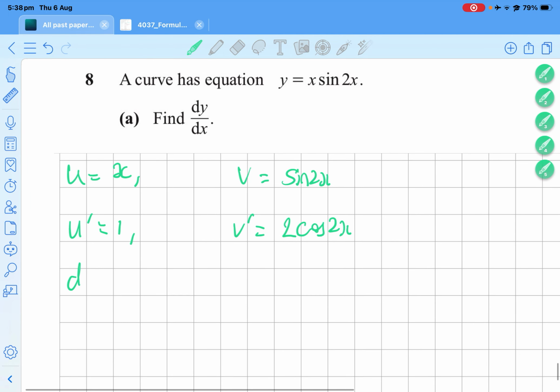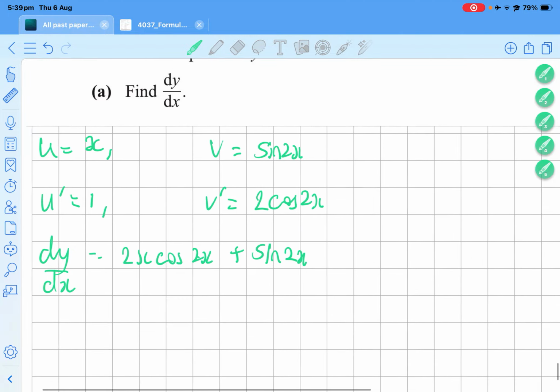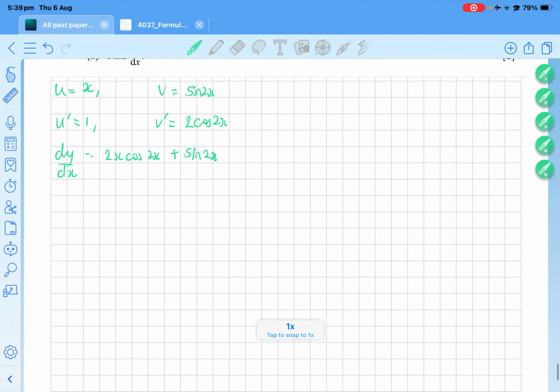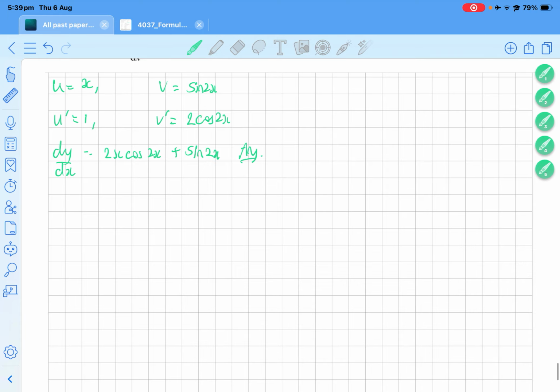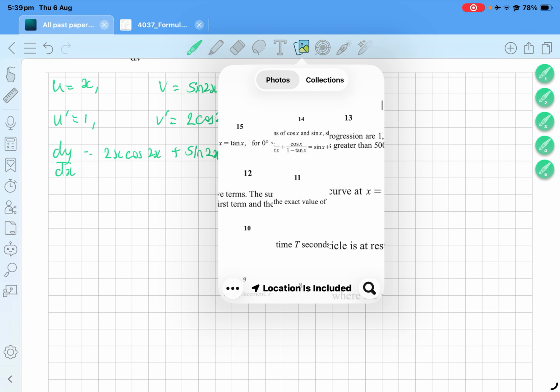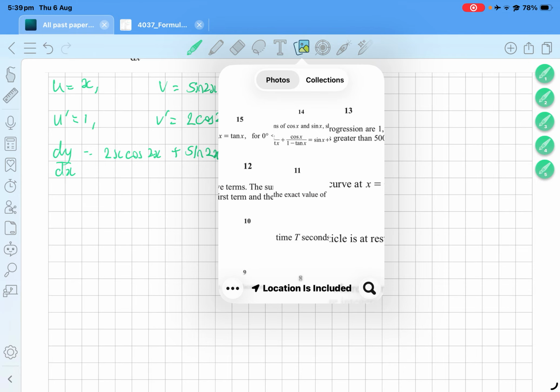So u prime v plus v prime u, same thing. This you could write as 2x cos 2x plus sine 2x. So yeah, we're done with 8a, I think.